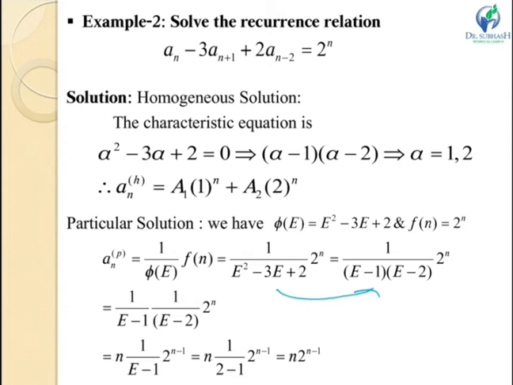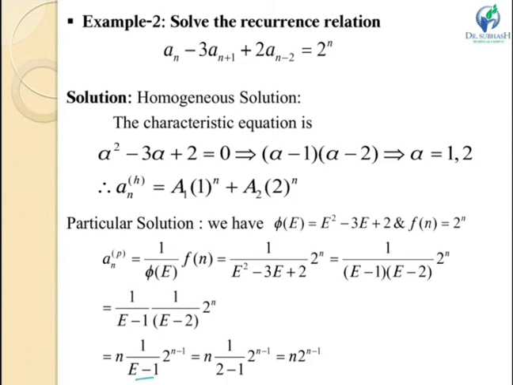So for E equal to 2, the bracket E minus 2 will become 0, giving 1 upon E minus 2. So I will replace n over here and I will remove E minus 2. And next I will take the bracket for which the denominator is not getting 0, that is 1 upon E minus 1.